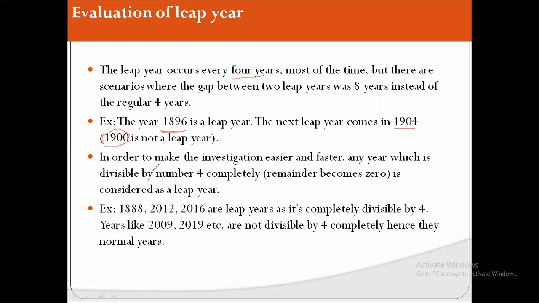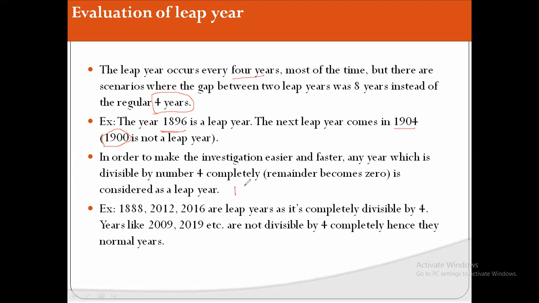In order to make the calculation easier and faster, for every 4 years, we will divide that year by 4. If it completely becomes 0, it is considered a leap year.